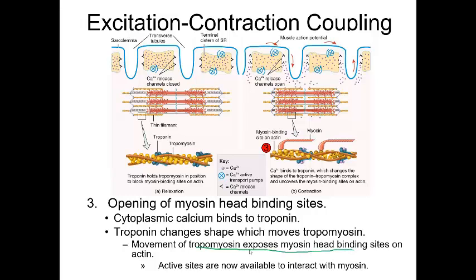Once the myosin binding sites on the actin are exposed, what do you think is going to happen? The golf club shaped heads of the myosin are free to bind to these little brown dots on the actin. This is what is going to happen. They are free to bind. Now, once they bind, something called a power stroke is going to take place.